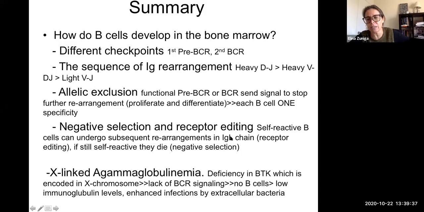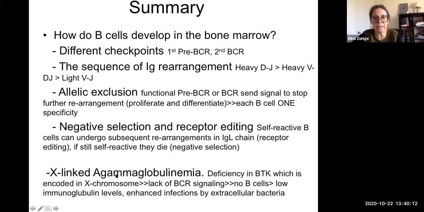They cannot further rearrange the heavy chain, it's too late for that, but they can further rearrange the immunoglobulin light chain in a process called receptor editing. And if, after trying a number of rearrangements in the immunoglobulin light chain, the cell is still self-reactive, it will die, again in this process called negative selection, which is the elimination of self-reactive B cells from the repertoire of B cells generated in the bone marrow.